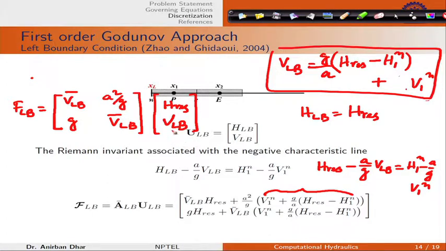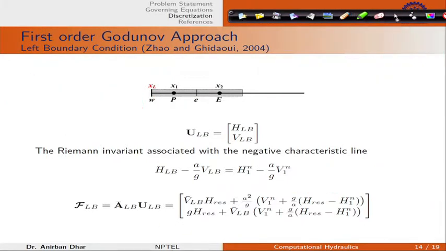So, remember that there is a difference between this VLB and VLB bar. Obviously, one approximation of V bar can be this one. So, I can get these flux values at the interface for the upstream boundary.